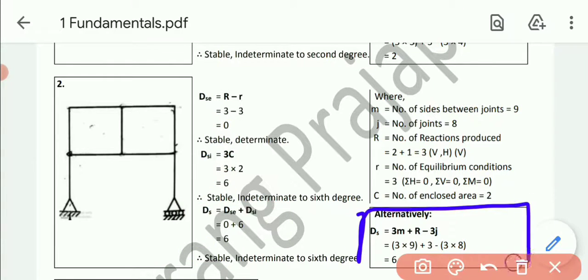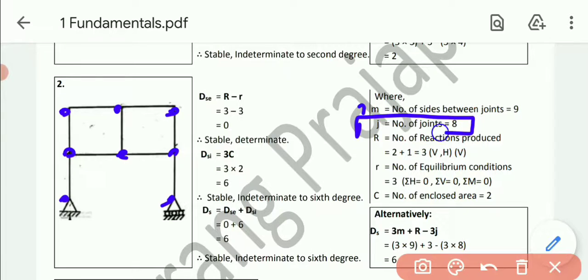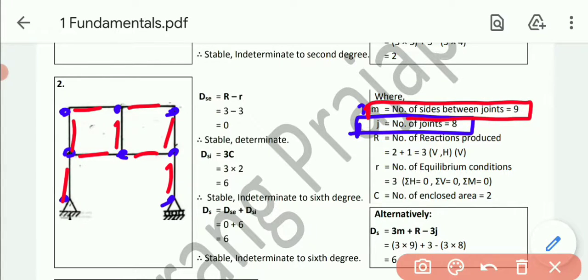Alternatively, if I want to use this formula, then I need to calculate J and M. So let's calculate J, the number of joints: 1, 2, 3, 4, 5, 6, 7, 8. So the number of joints is 8. Talking about M, the number of sides between the joints: 1, 2, 3, 4, 5, 6, 7, 8, 9. So the number of sides between the joints is 9.